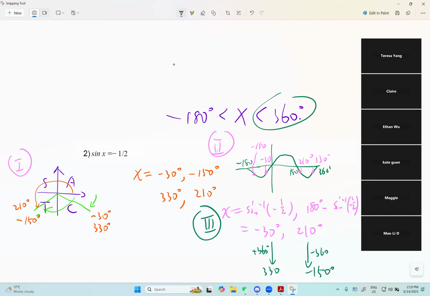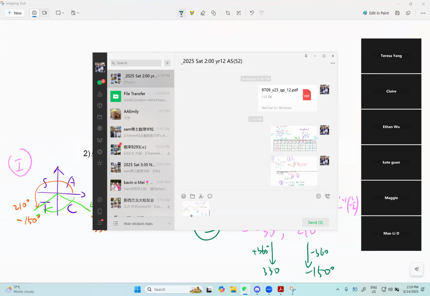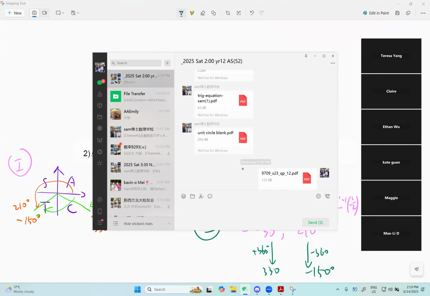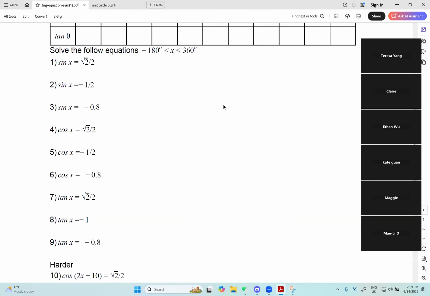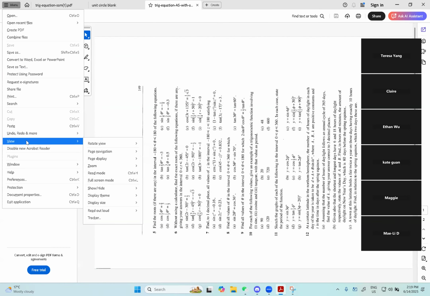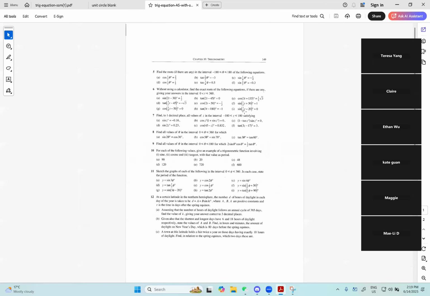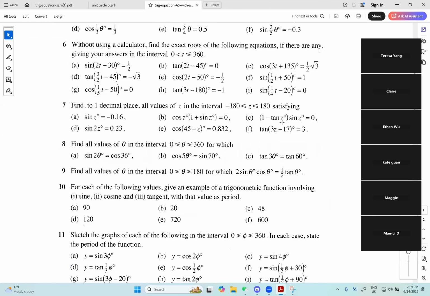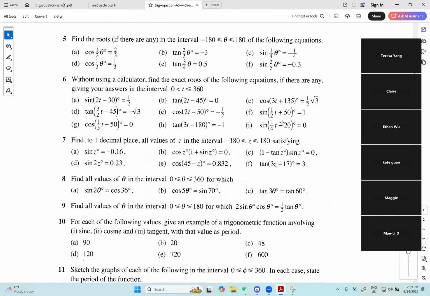Okay. Now let's check a bit harder one. We did a lot of trigonometry identity question. Oh yeah, then okay. We need to do a step by step equation, then later identity.